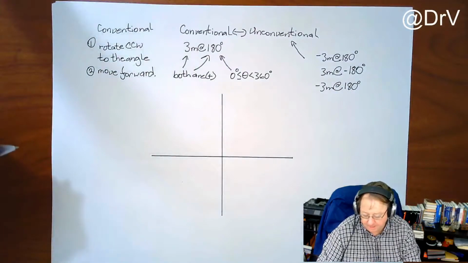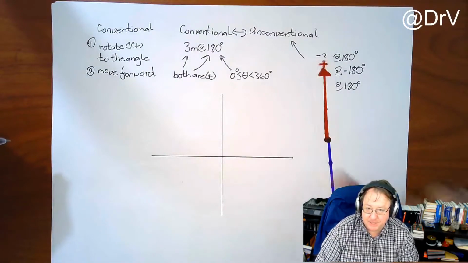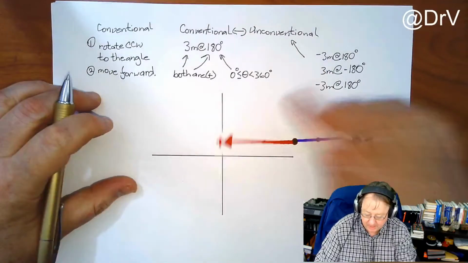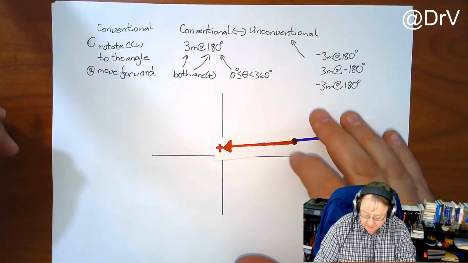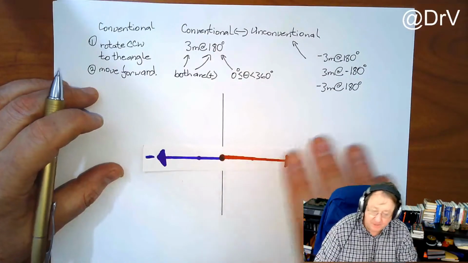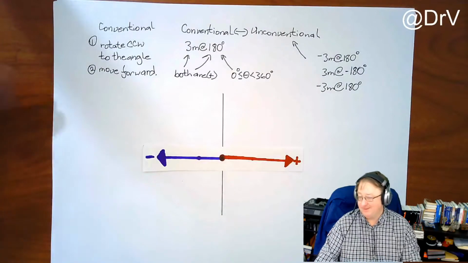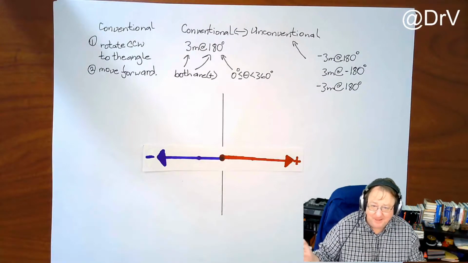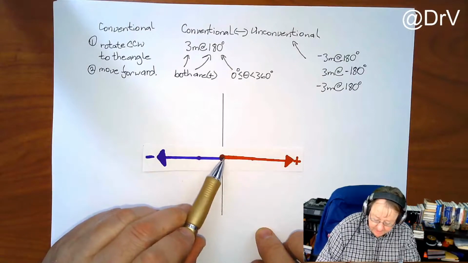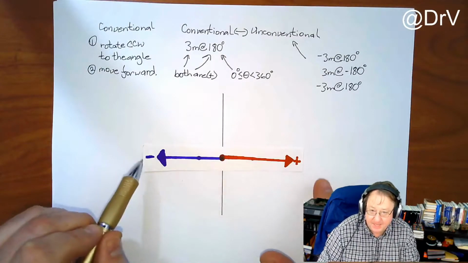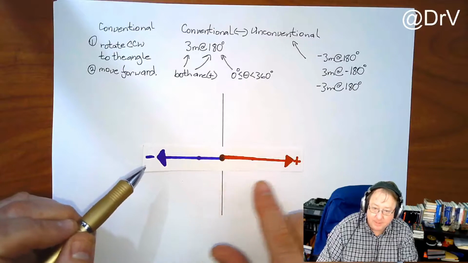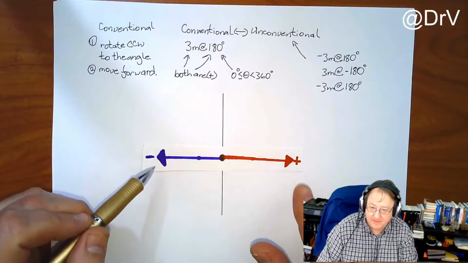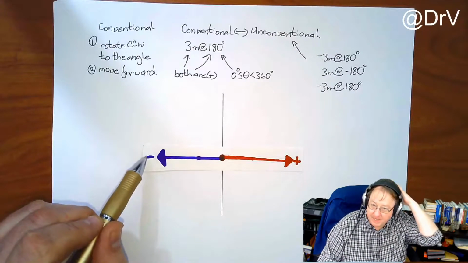Now, the thing that I will use to demonstrate this is the handy dandy tool. The tool always starts, and you can use this on the test. It's physical science. I'm not picky. But make something like this. And so it always starts with the positive on the positive x-axis and the negative on the negative x-axis.